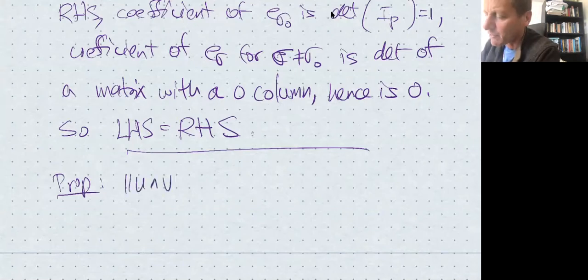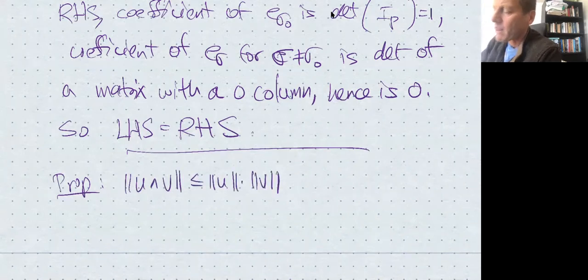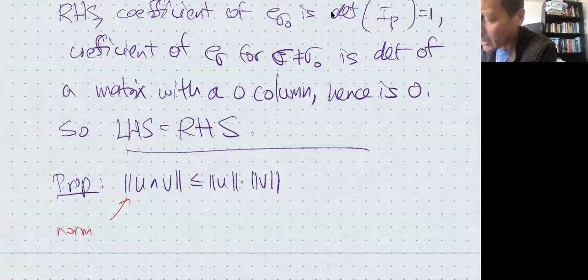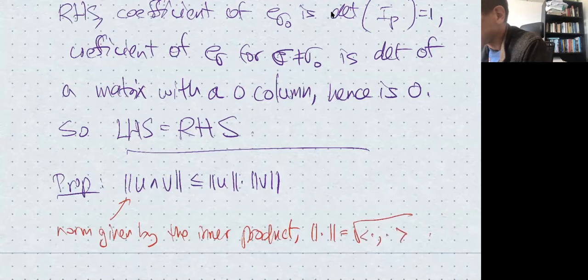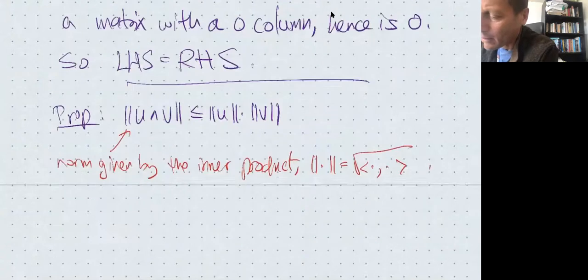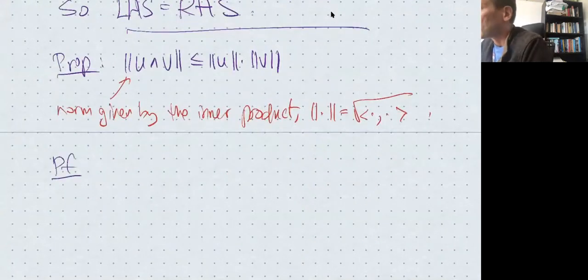So we have a kind of submultiplicativity property: the norm of U wedge V is less than or equal to the norm of U times the norm of V, where this norm is the norm given by the inner product.